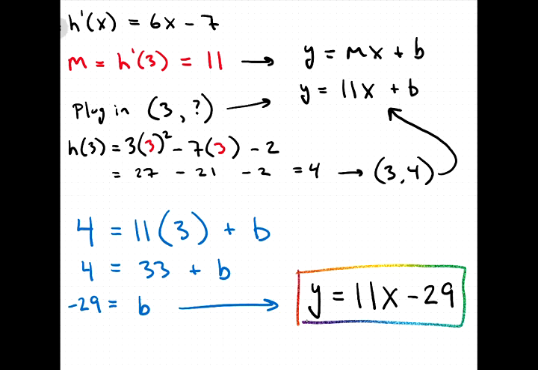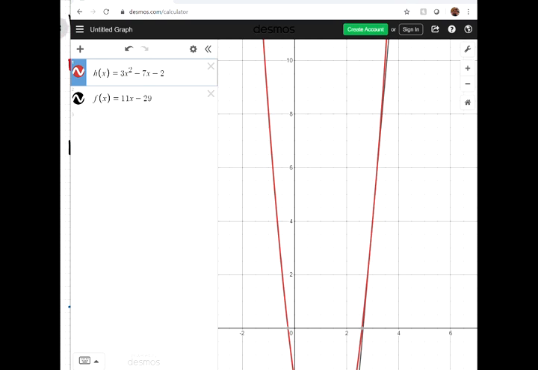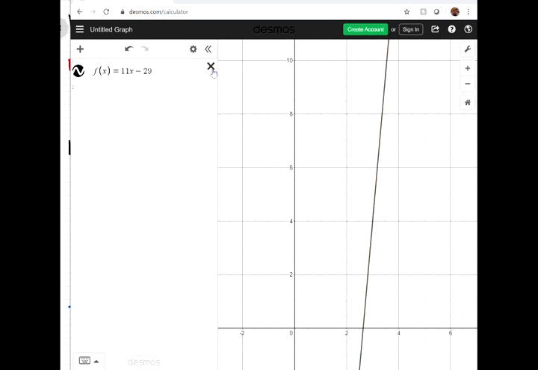So what we want to do now is graph. So let's start this over. What we want to do now is graph h of x and graph the tangent line that we just found to make sure it looks the way it should look.